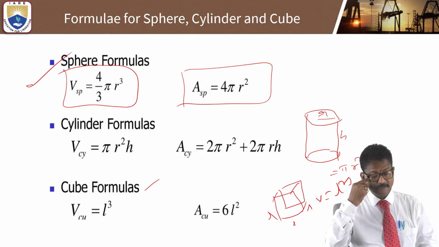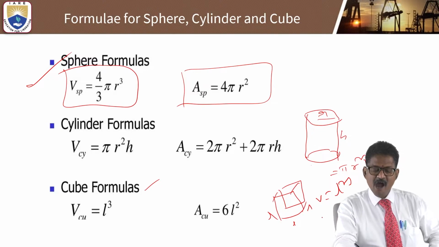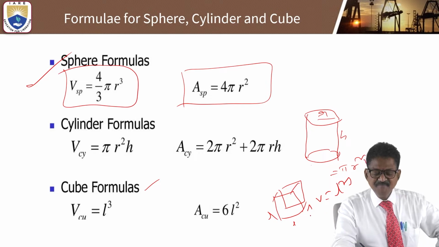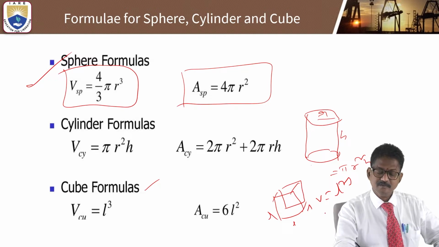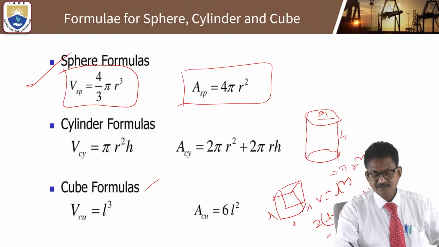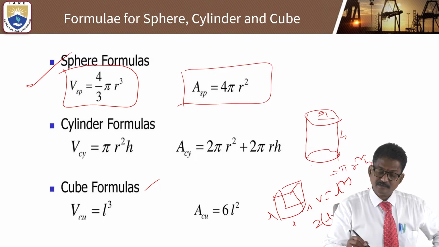The surface area of this cube is L into L plus L into L, and so on, so obviously 3 into 2L square, that is 2L square plus 2L square plus 2L square.